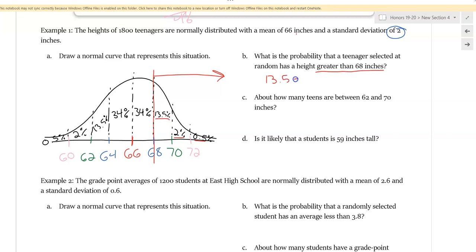I'm just going to add them up. 13.5 plus 2 is 15.5, plus 0.5 is 16%. And that's it.